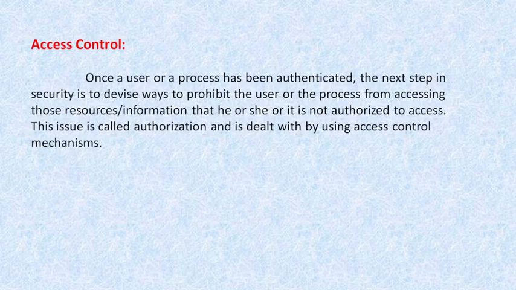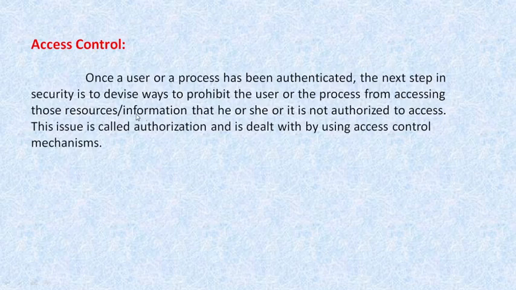Even though he is authenticated, up to what extent he should be allowed, up to that extent he should be allowed. He should not be allowed even the modifications in the database like that. It should not allow. So that is access control. We have to control the access.